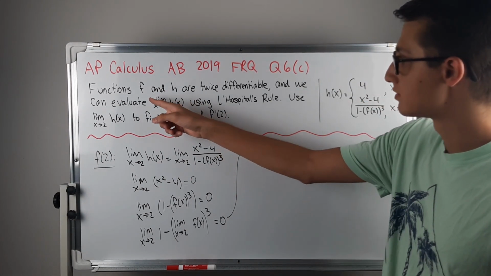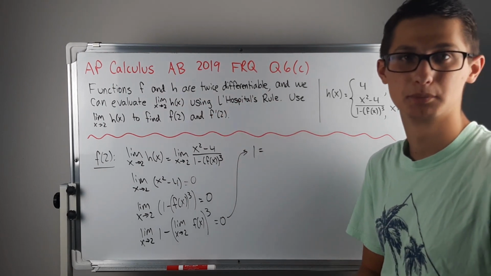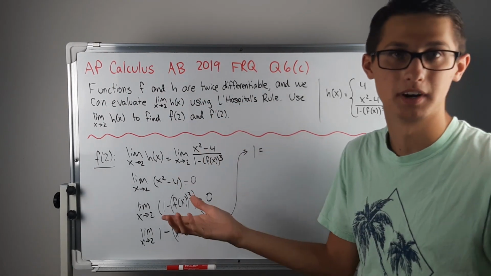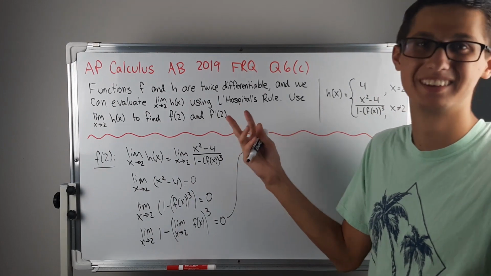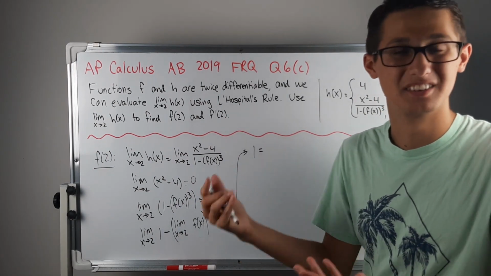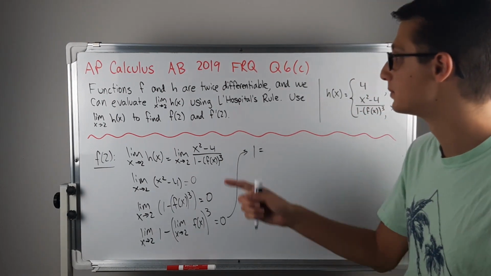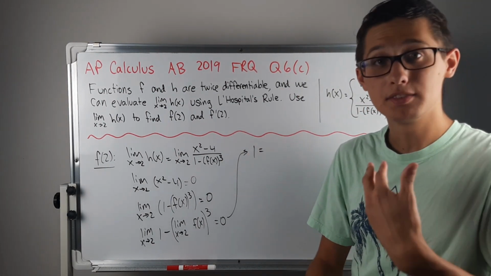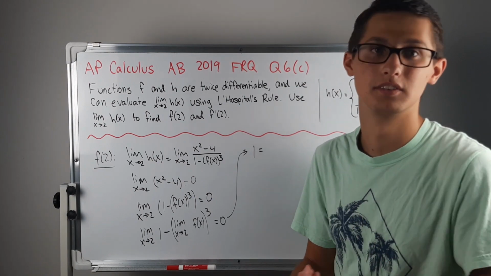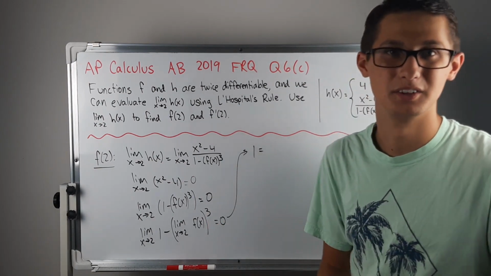Remember that f is twice differentiable, which means it's differentiable, right? If we can take the derivative of it twice, then we can certainly take the derivative of it just once. So it's differentiable, and if it's differentiable, then it's continuous, because differentiability implies continuity.